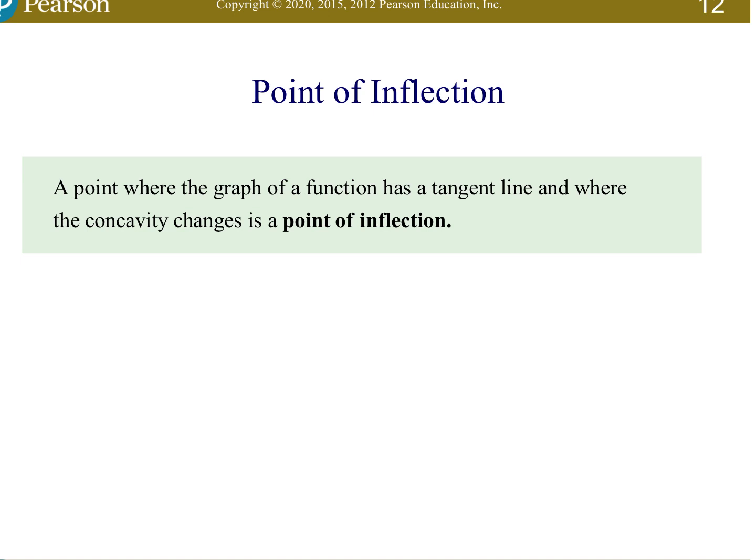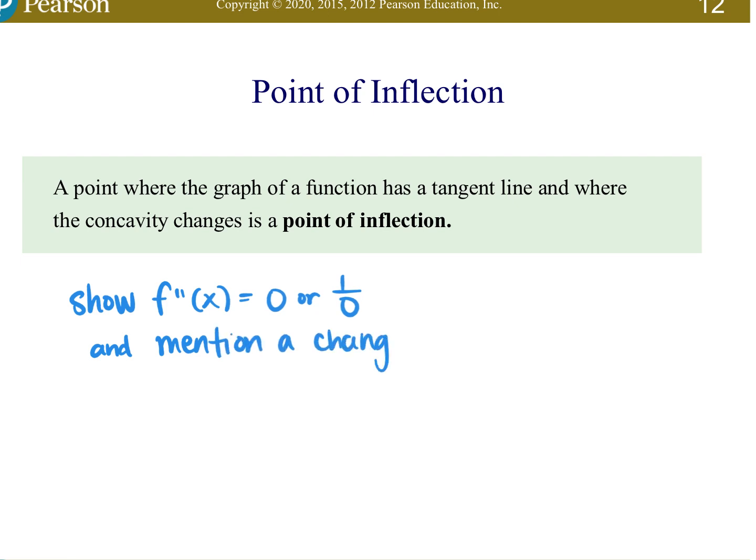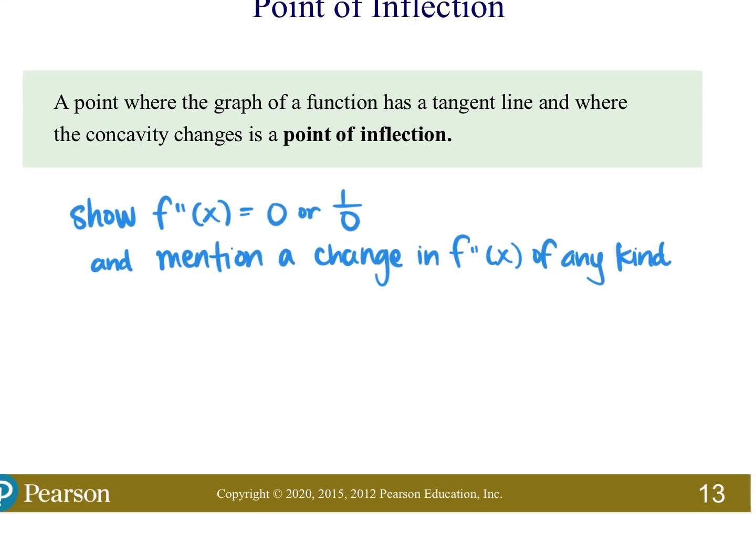So a point of inflection, you must show that f double prime equals 0 or 1 over 0, and mention or show a change in f double prime of any kind. So it doesn't matter if it's positive to negative or negative to positive, either way, we're getting a change in concavity. So those count as a point of inflection. So there's two parts to that, just like there are with extreme values.